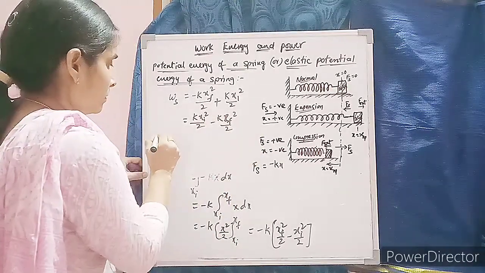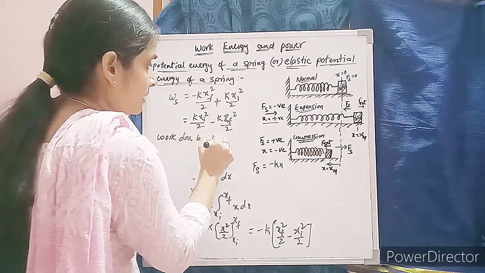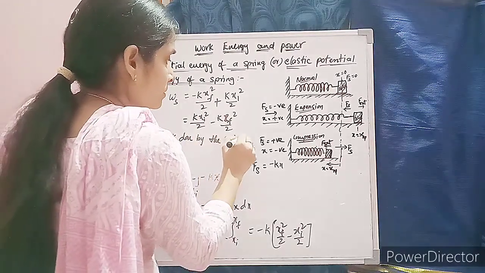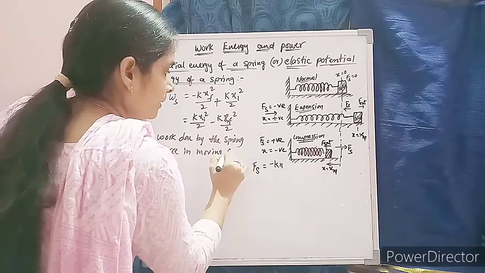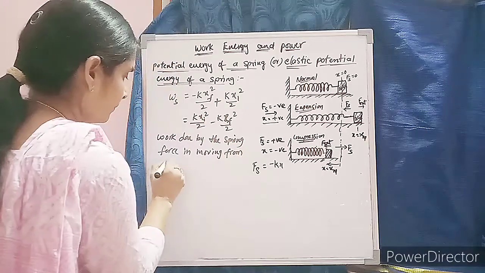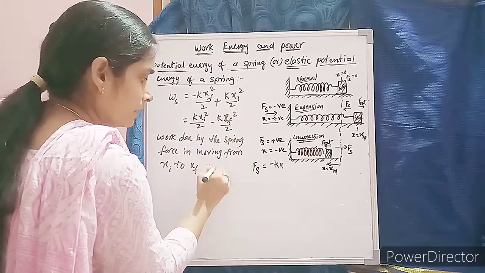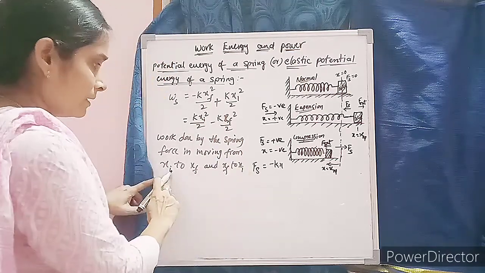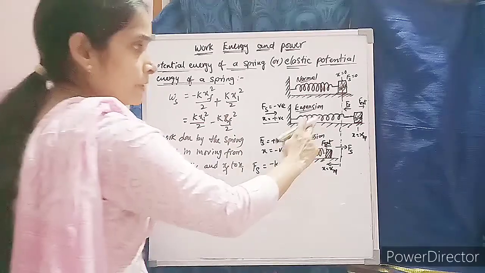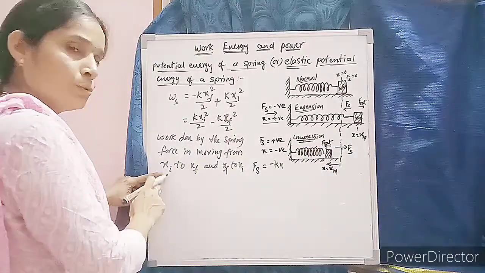Now the work done by the spring force in moving from xi to xf and xf to xi. Here xi to xf, initial position to final, and again coming back from final to xi.